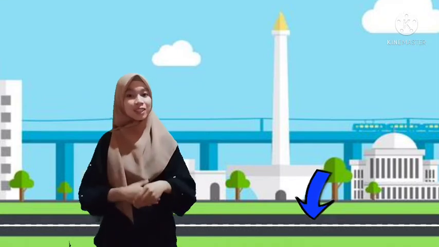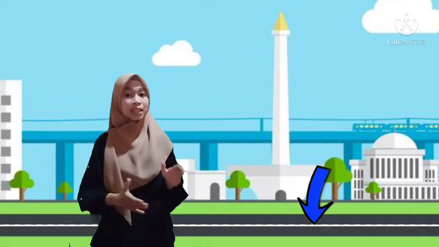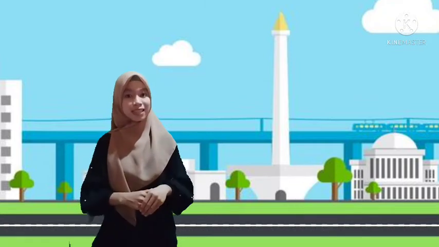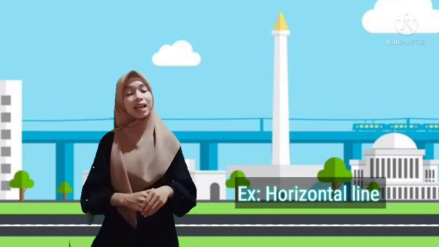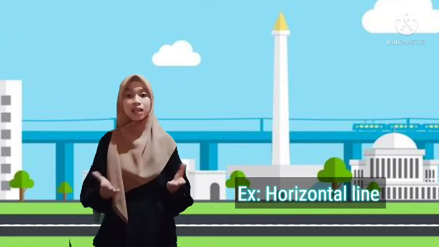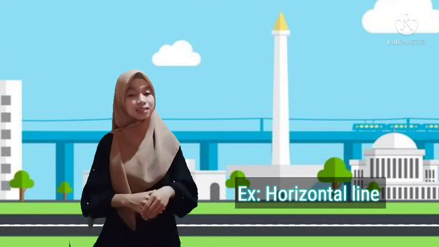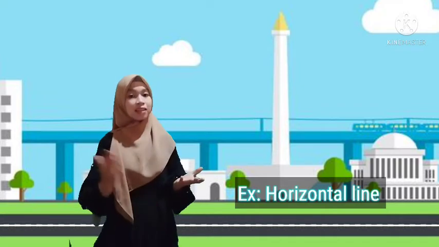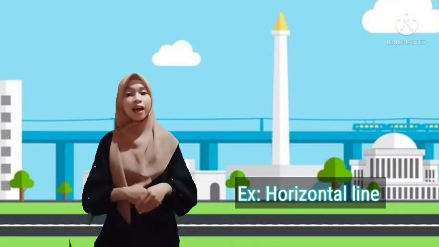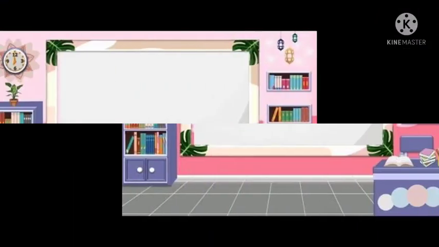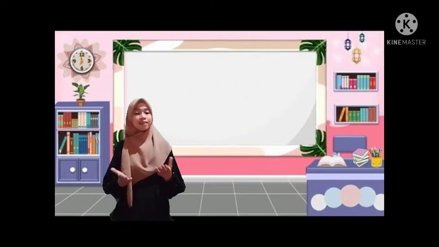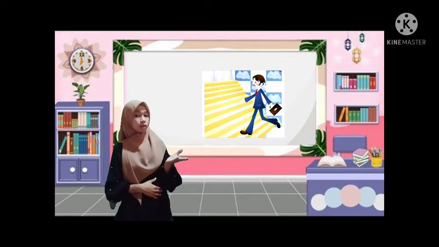Guys, look at the white line in the middle of the highway. It is an example of a horizontal line, because the white line extends to the right and left direction and is parallel to the x-axis. And then see the following picture.